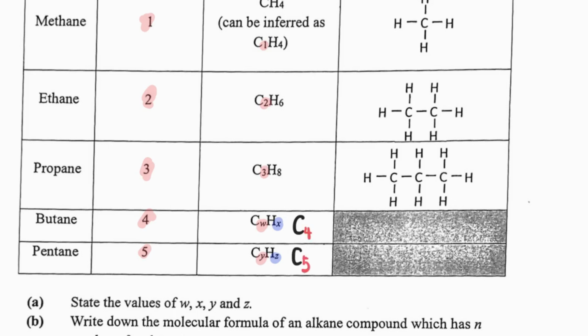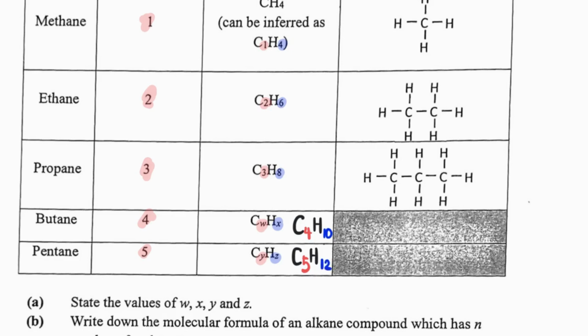As for the H, let's take a look at the blue color. 4, followed by 6, followed by 8. 4, 6, 8. What do you think is the next number? Yes, we always add 2 to it, yeah? So this one will be 8, 10, 12. Alright?